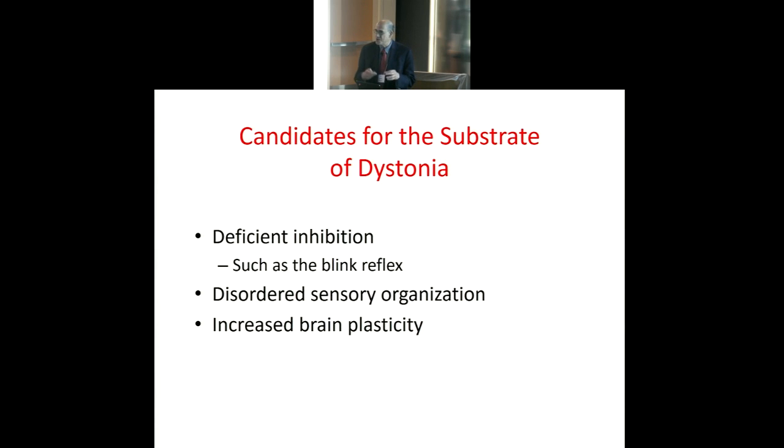The third abnormality, which seems to be relatively constant, is an increased brain plasticity. Remember, I talked about that before as being a possible cause of disease. And in this situation, there is evidence for increased brain plasticity. What that means is that there's a greater chance for the brain to change than there would be without this increased plasticity. So certain drivers, certain things that happen over and over again, can potentially lead to a brain change.